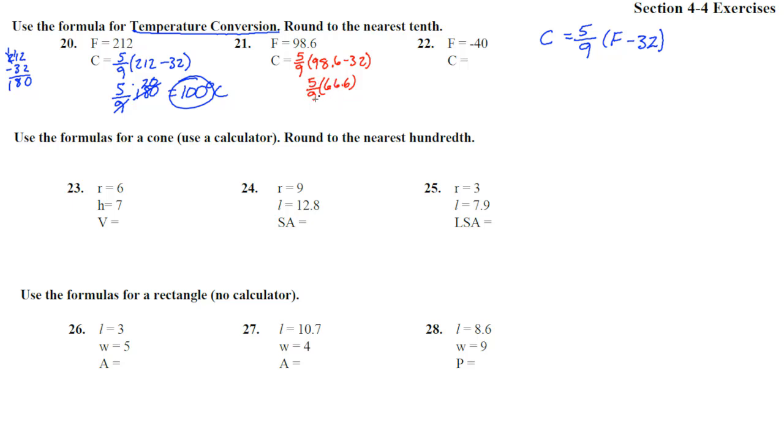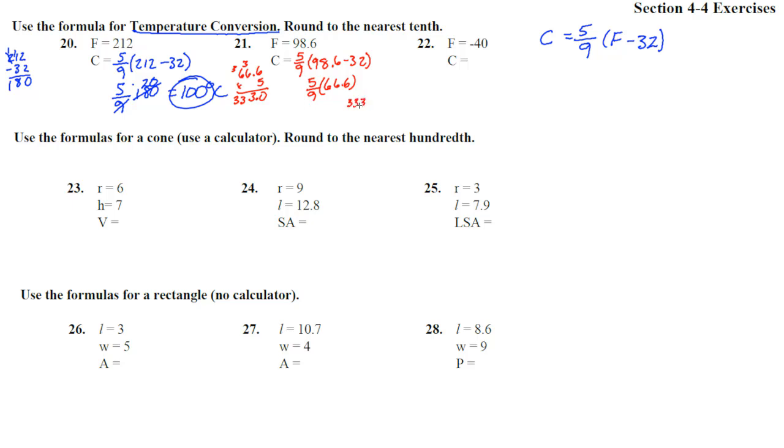I don't see a quick, easy thing like we did last time, so we're probably going to have to do this the long way. 66.6 times 5 gives 333, and then 333 divided by 9.